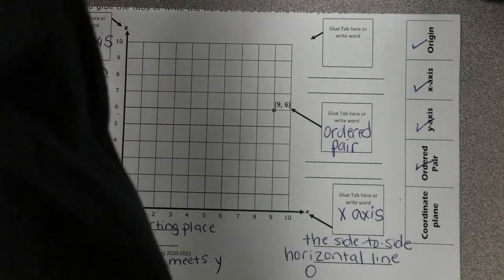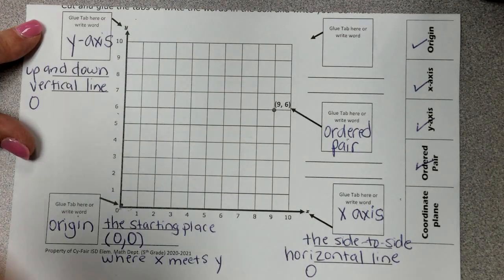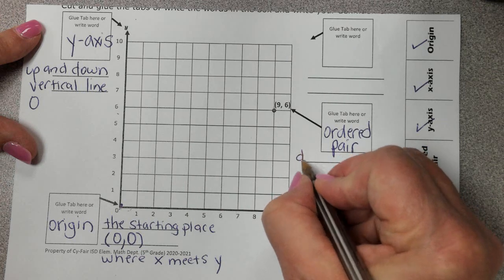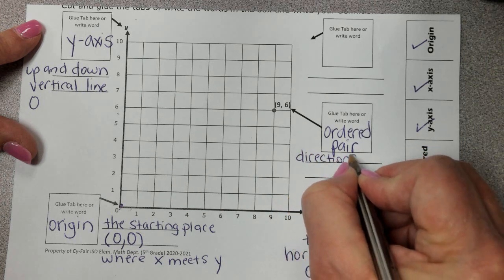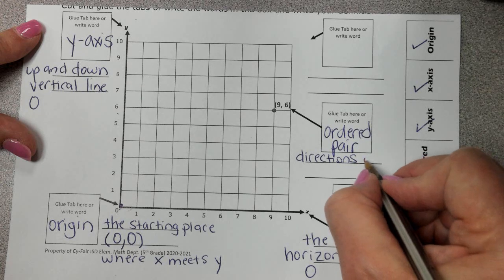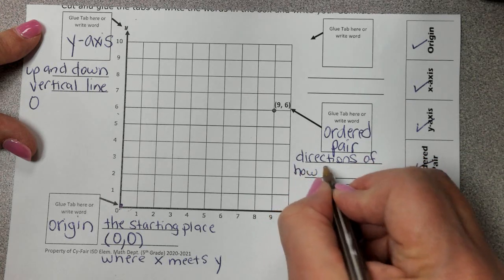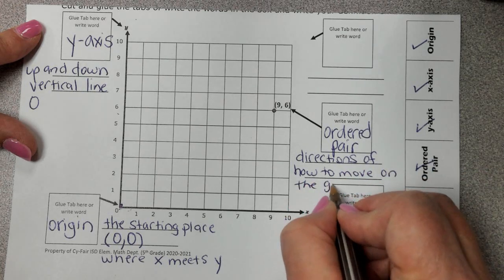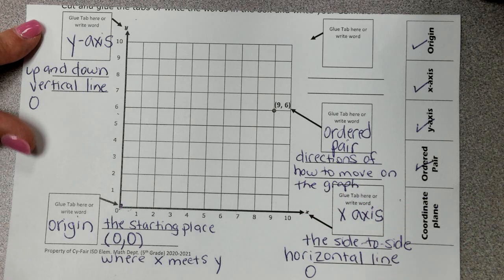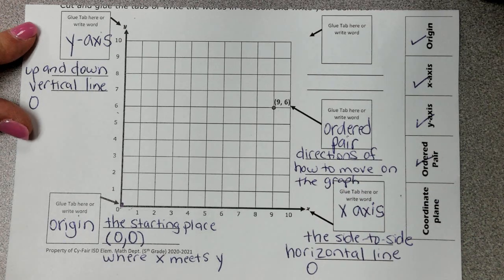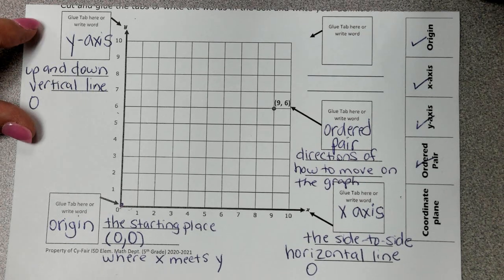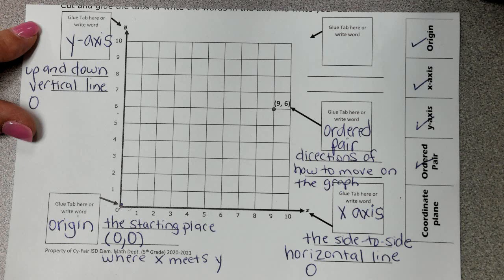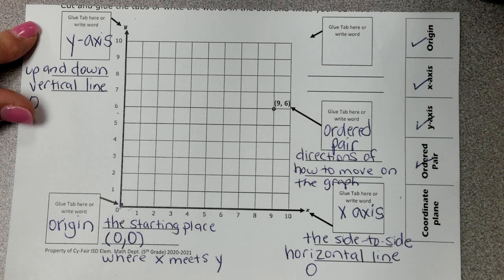The ordered pair are directions of how to move on the graph. They describe a point on the graph. They describe a spot on the graph. Like your address describes where your house is or where your apartment is. So the ordered pair is like a little address.